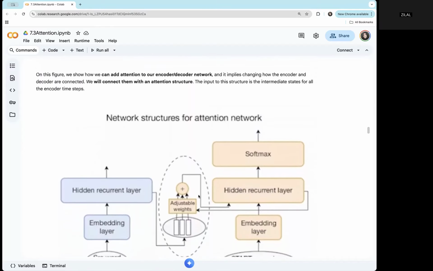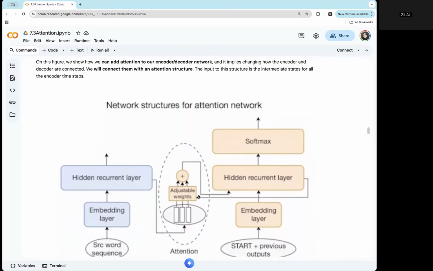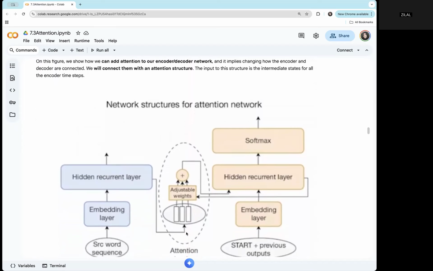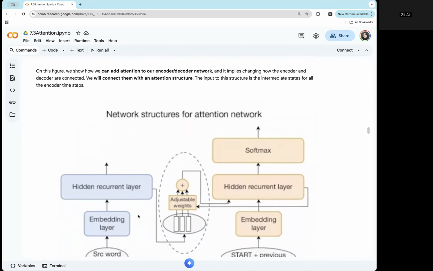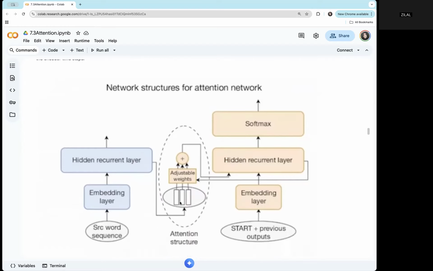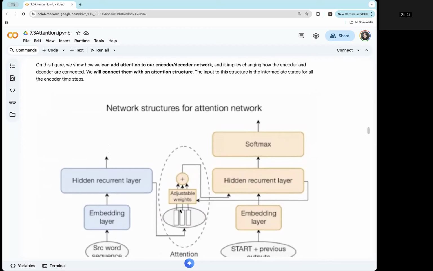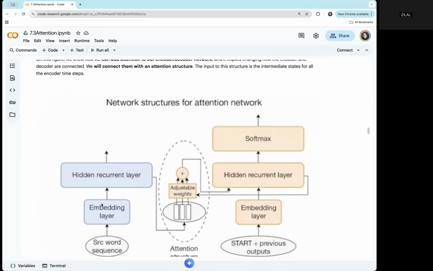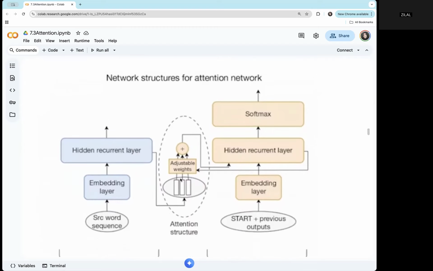On this slide, you can see we add the attention to our encoder-decoder network, and it implies changing how the encoder and decoder are connected. We will connect them with an attention structure. The input to this structure is the intermediate state for all the encoder time steps.